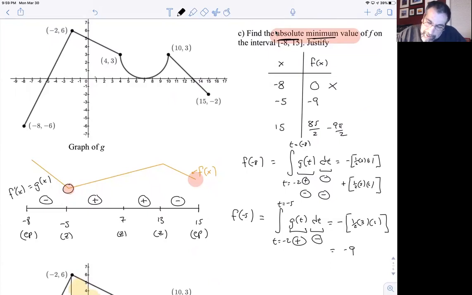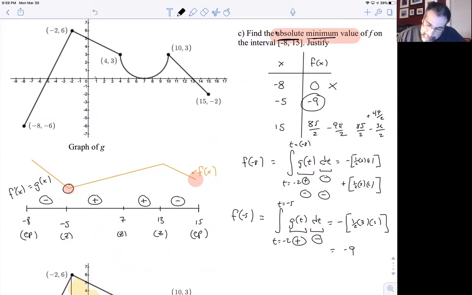Let's just say that pi is less than 4, so we know this is really going to be 85/2 minus something that's less than 36/2. And that would give us 49/2. That is positive. And we know that's going to be greater than -9. So when we use the pi, it's going to be a smaller answer, but it's not going to even go negative. So we know that the absolute minimum value is -9.